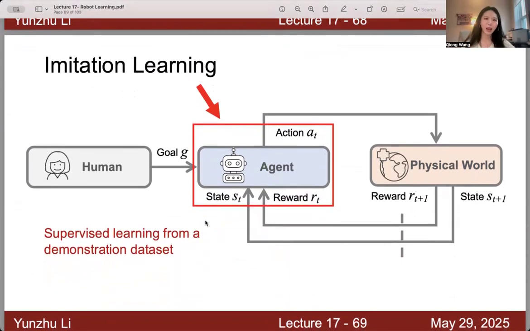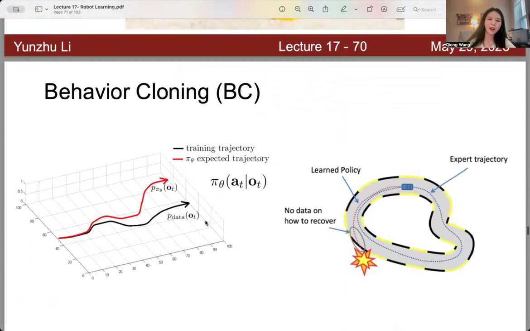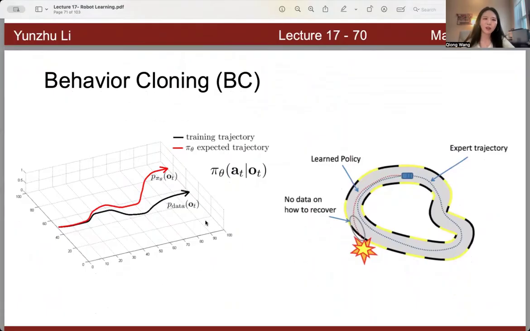Another topic I would like to continue talking about is imitation learning. It is supervised learning from a demonstration data set, learning from demonstrations like this. And this is behavior cloning. You can see the training trajectory is black, and the pi theta expected trajectory is red, and we learn the behavior from the historic experience.